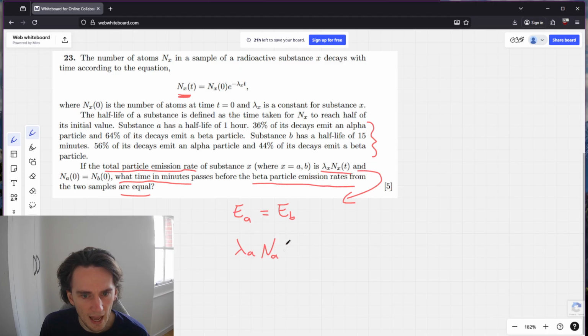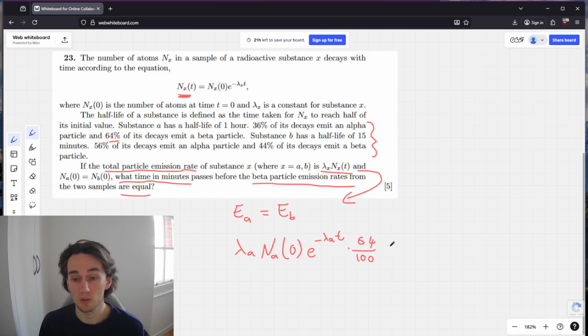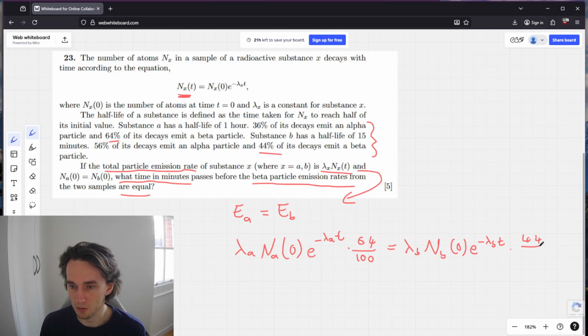So this is going to be N_A0 e to the minus lambda_A t. And of course, we only want 64% of this, so times 64 over 100, because only part of that will be beta particles. And this is simply going to be equal to the beta emission rate of substance B. So we copy this exact thing. However, this time 44% of the decays are beta particles.